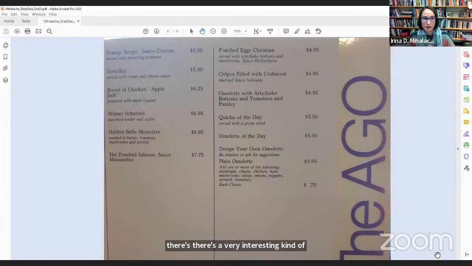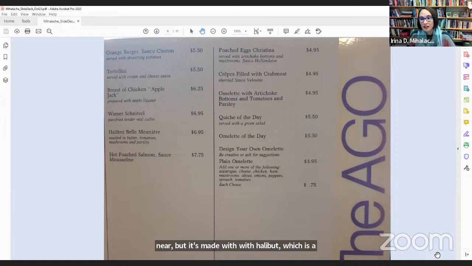So, for example, the Grange burger is served with sauce Choron, and the sauce Choron was a Béarnaise sauce that included tomato paste, developed by a very famous French chef. You see the very famous Belle Meunière, but it's made with halibut, which is a fish that can be found in Canada.